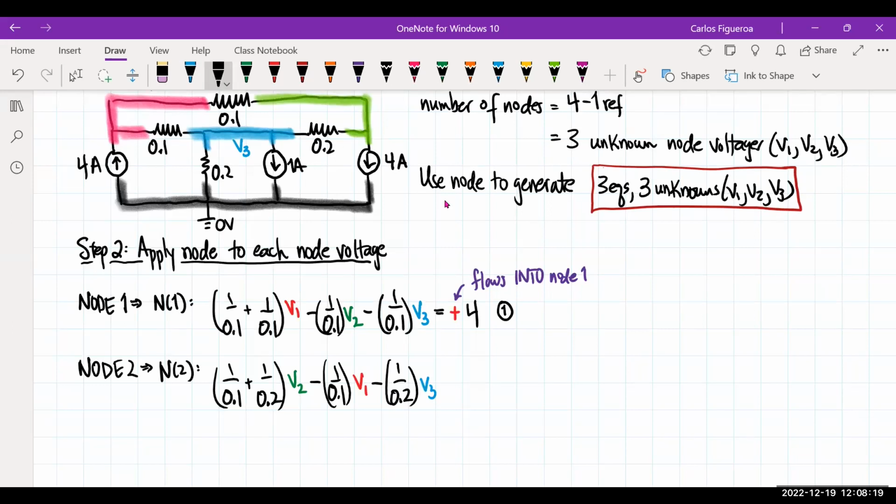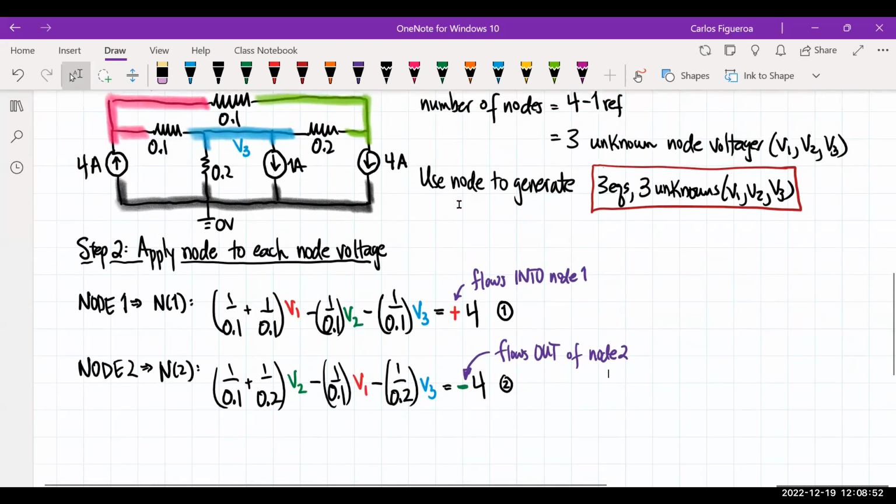If I look at that green node, there's only one current source, that 4 amp, and it's flowing away. So from this green node you get a minus sign because it's flowing out, and that's going to be my 4 amps. This is equation 2 here, and it tells me that this flows out of node 2.